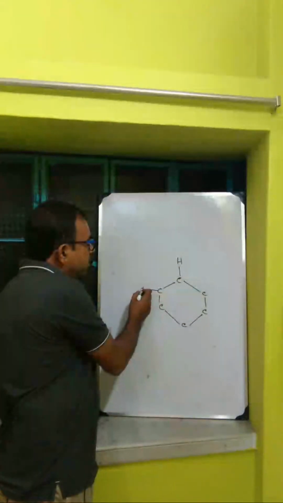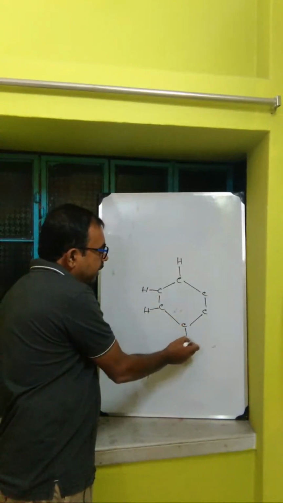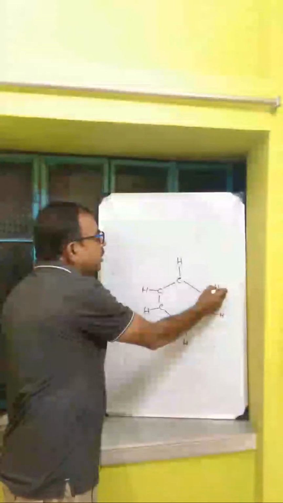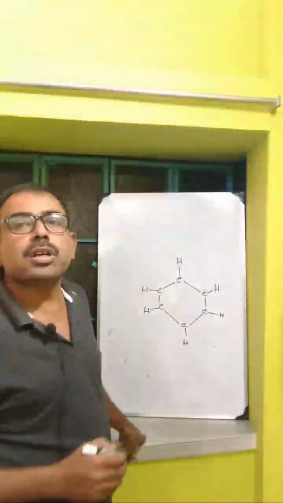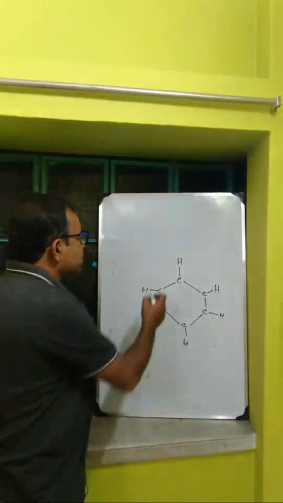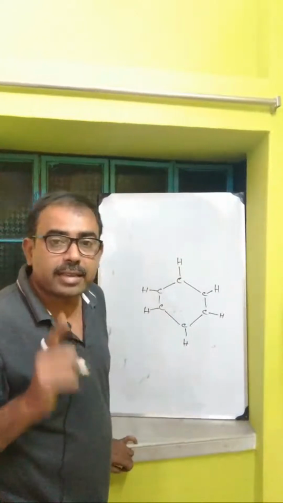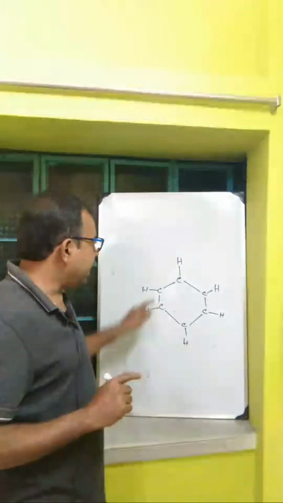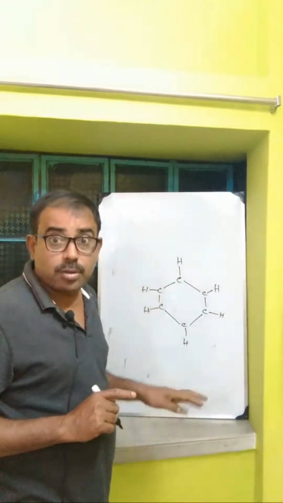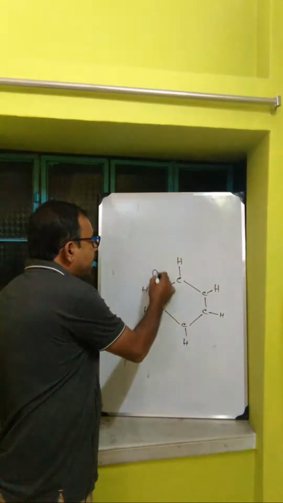Okay, so all these carbon atoms are sp2 hybridized, and each carbon contains an unused pi orbital. If we consider the bond axis as the x-axis, then the unused orbital, or pz orbital, will be present in parallel.